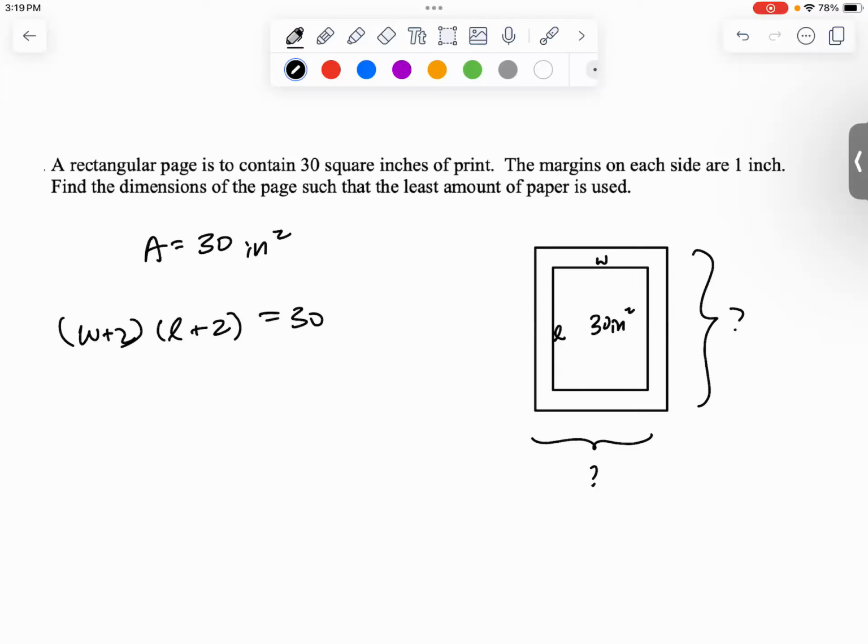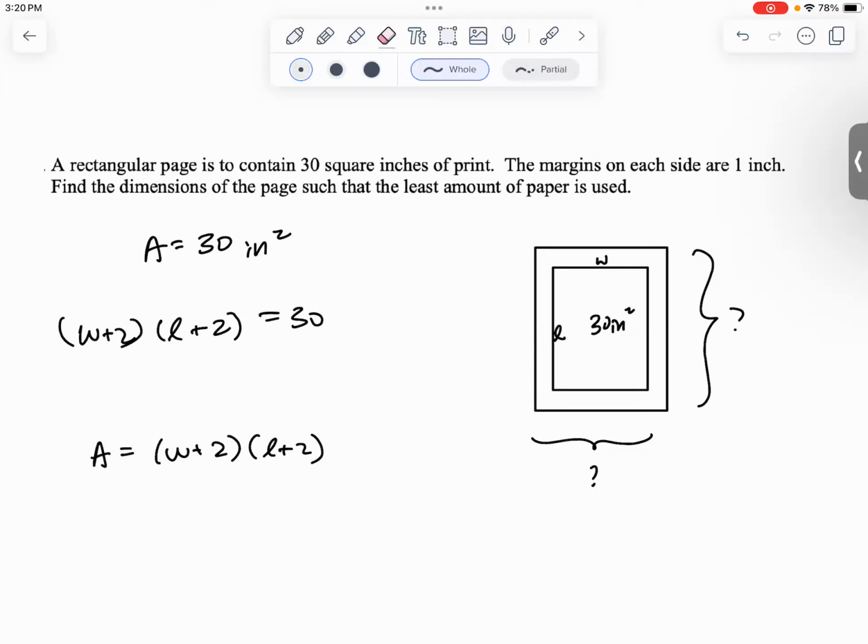All right. And then what? Well, we want to find out the least amount of paper that's used. So we have to have an equation with just these. Now, of course, our trouble is that we have two variables.